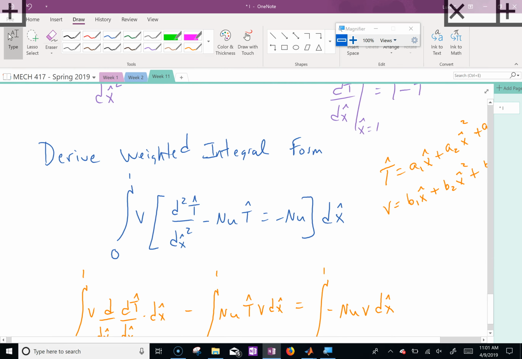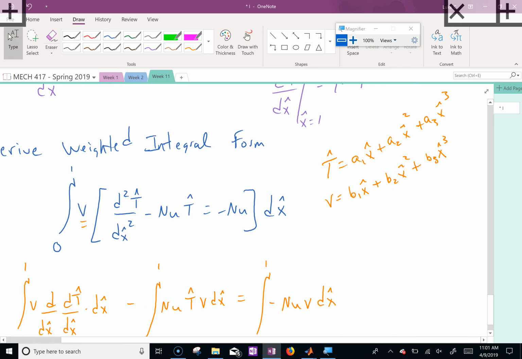We multiplied that differential equation by some function v, and we're going to integrate from 0 to 1. What is v, and what can we assume t to be? Well, for each element that we're going to break it up, we're going to assume it can be linear, quadratic, or cubic. I'm actually going to show you cubic.